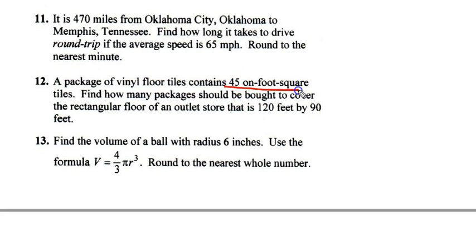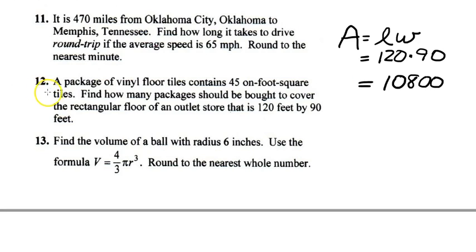All right, another type of problem, and we'll just keep moving here, is a package of vinyl floor tiles contain this many square feet. How many packages should you buy in order to cover a rectangular floor? Now, for number 12, we're looking at this vinyl floor package of tiles that contain 45 square feet.